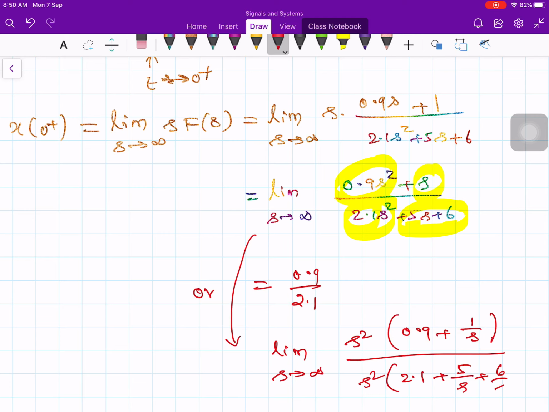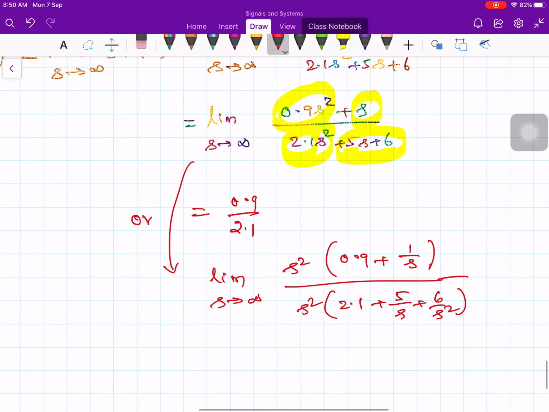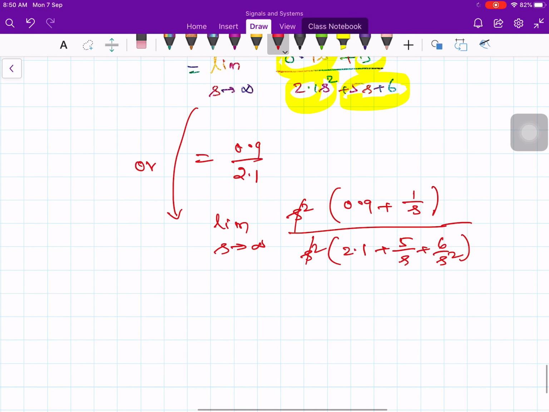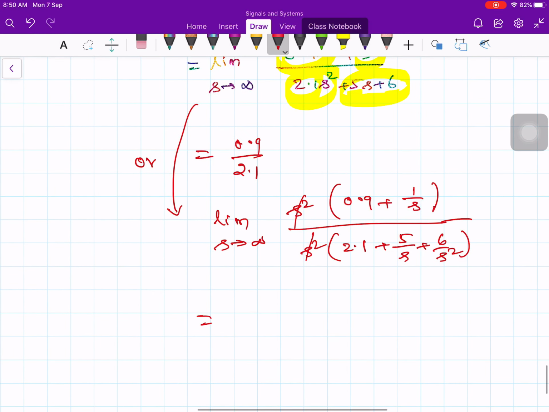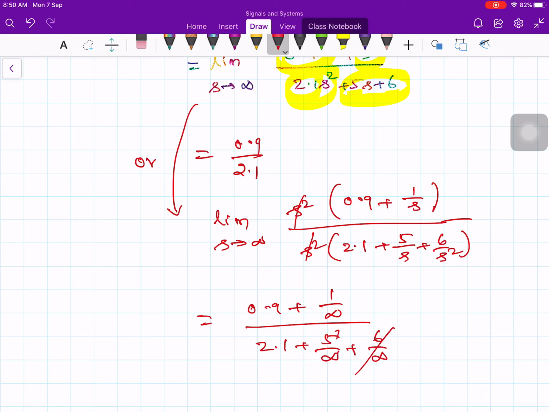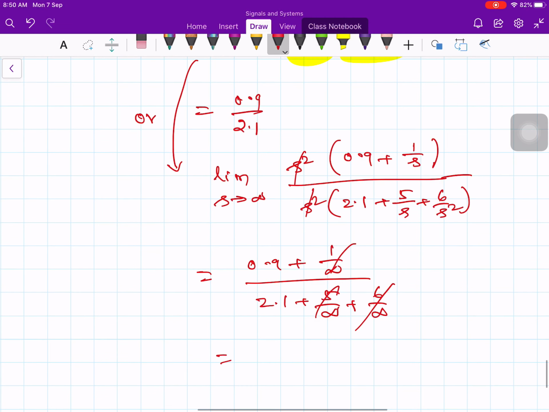This s squared will get cancelled. Then if you substitute s equals infinity, you get 0.9 plus 1 over infinity divided by 2.1 plus 5 by infinity plus 6 by infinity. So all of these will become 0, then you will get 0.9 by 2.1.